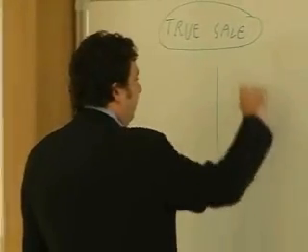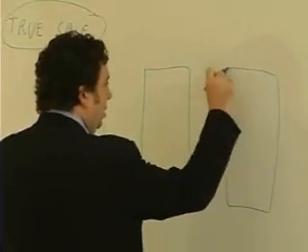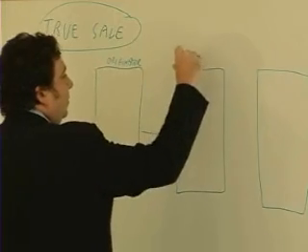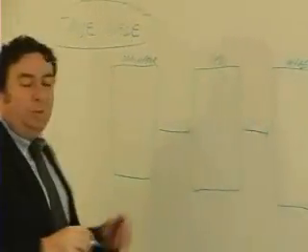Meaning that, due to the fact that we've got a true sale of assets, what will happen is that the risk of the underlying portfolio has been transferred to the investor of the asset-based securities, having the special purpose vehicle in the middle, as you remember, to segregate the risk of the originator bank from the risk of the underlying portfolio.